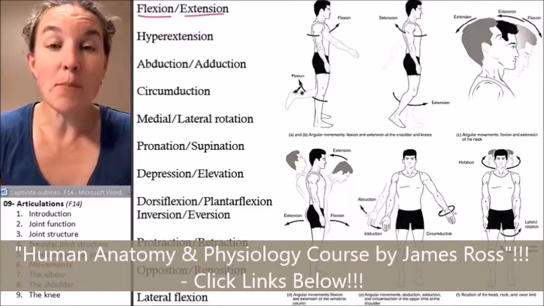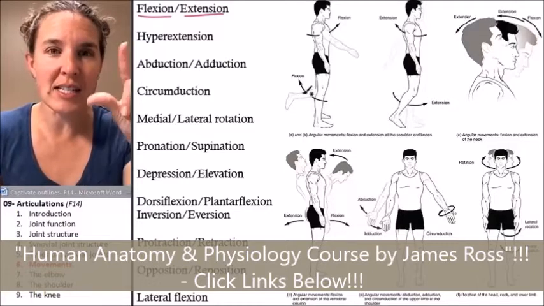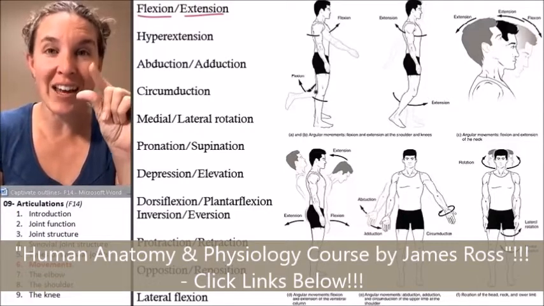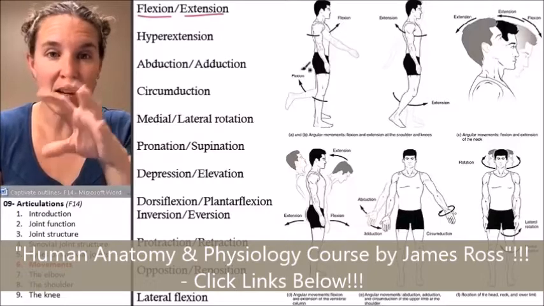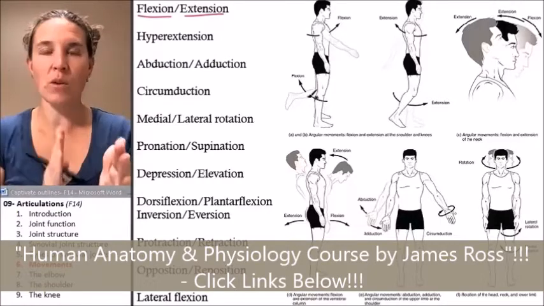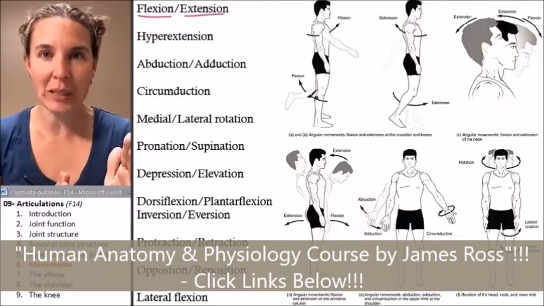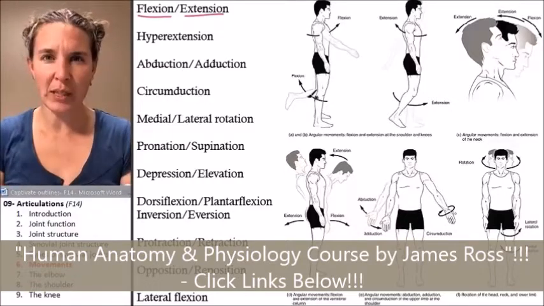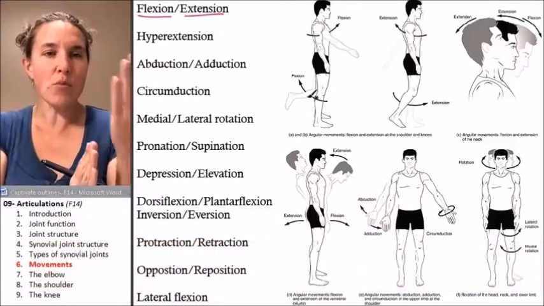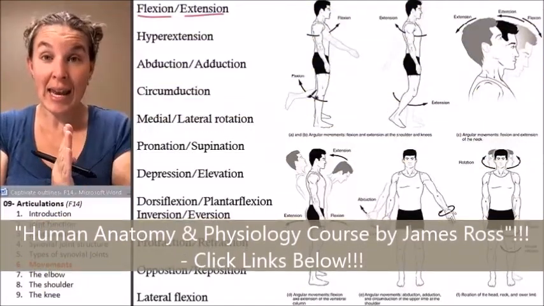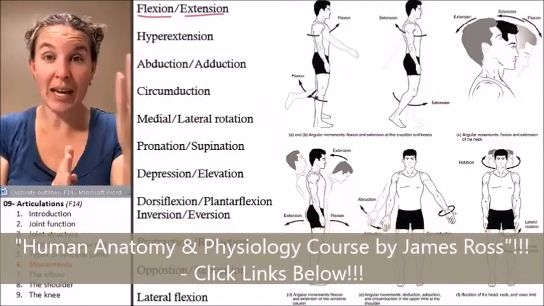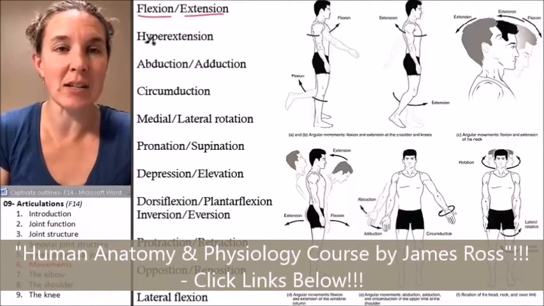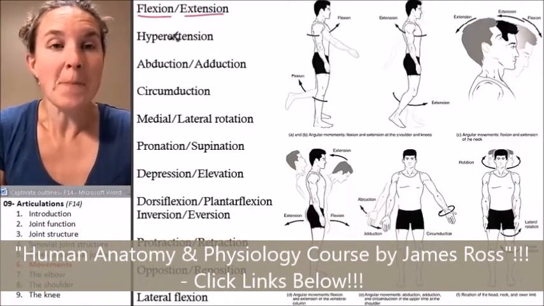Now look, flexion is a movement that causes the decreasing of an angle in the sagittal plane. Can you visualize that for a second? Here's the sagittal plane. If a movement can happen in that sagittal plane, it is considered flexion or extension.